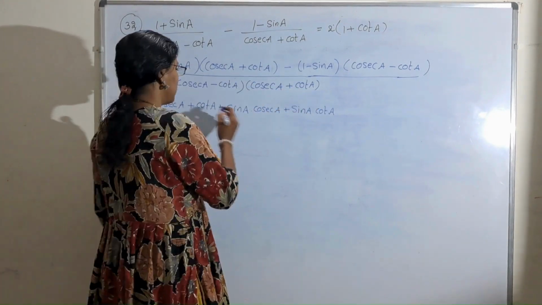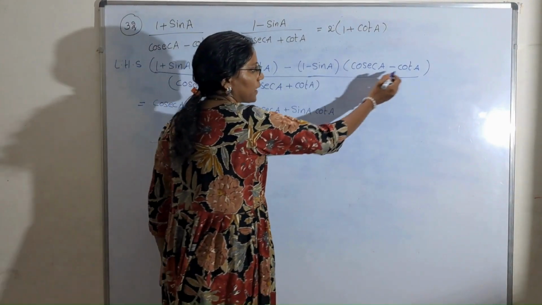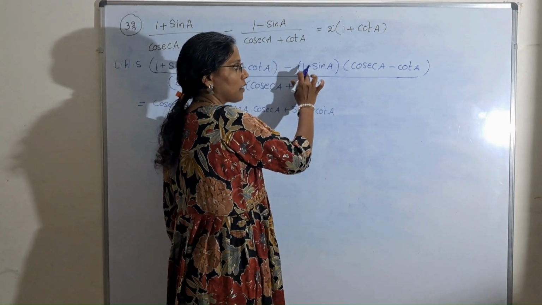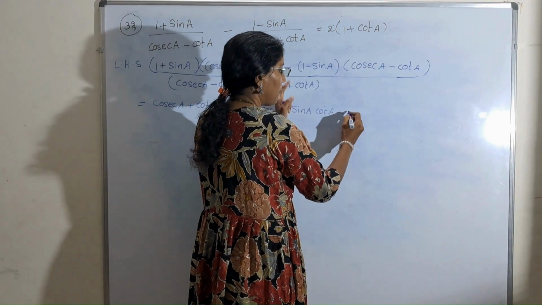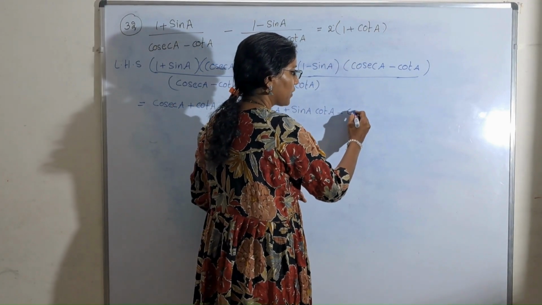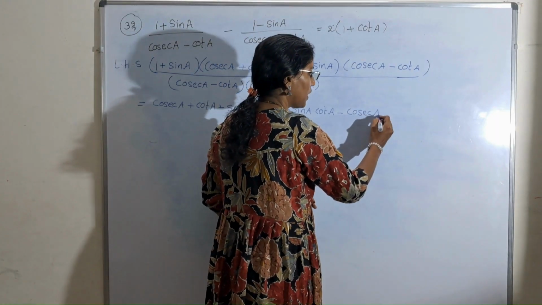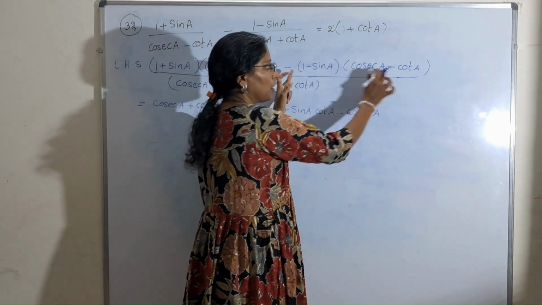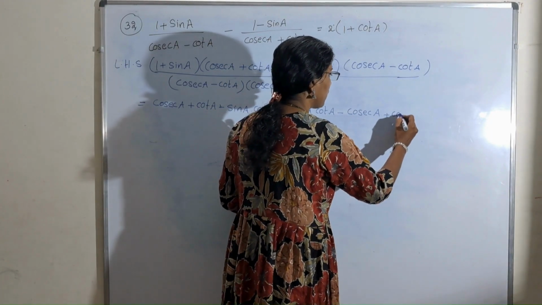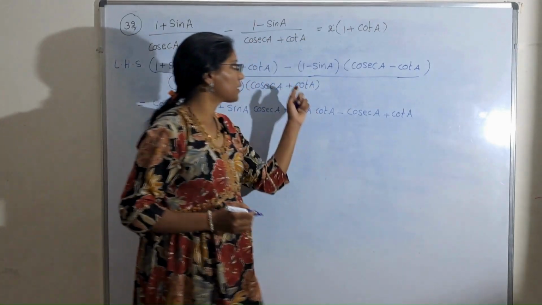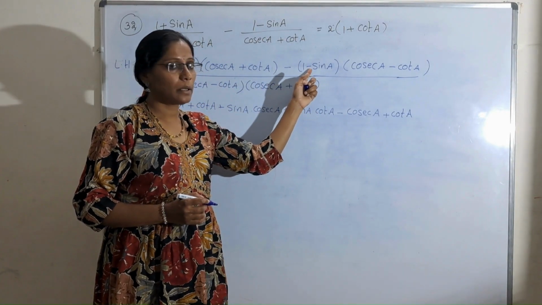Next two brackets. Next bracket multiply with minus of 1 minus. So minus 1 we have to multiply this one. Minus 1 into cosecant A, minus cosecant A. Here minus 1 into minus cot A, minus into minus plus cot A. Next, here minus into minus plus.